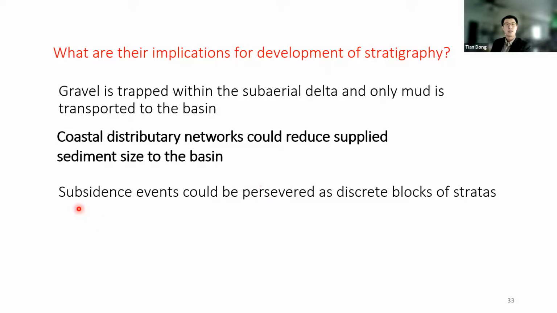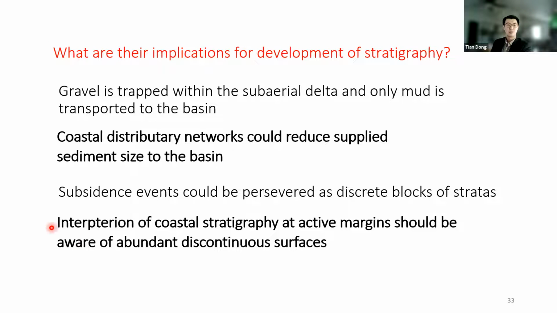And we also found that subsidence events could be preserved as discrete blocks of strata. And this implies that interpretation of coastal stratigraphy at active margins should be aware of these abundant discontinuous surfaces, because we have these discrete blocks. Their contacts are not time synchronous.